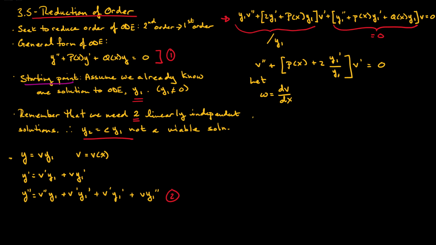And doing this allows us to say that w prime plus p of x plus 2 y1 prime over y1, multiplied by w, is equal to 0. And this is where we have reduced the order of our differential equation. Notice that this is a first order homogeneous and linear differential equation for which we know the solution.